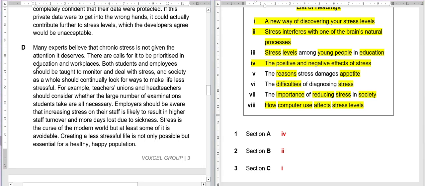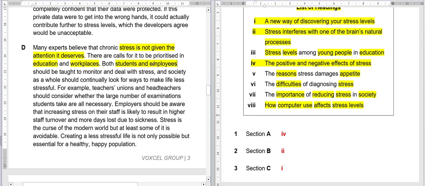So we have to prioritize it in education and workplaces, because it is becoming a big problem maybe. Both students and employees should be taught to monitor and deal with stress, and the society as a whole should continually look for ways to make life less stressful.